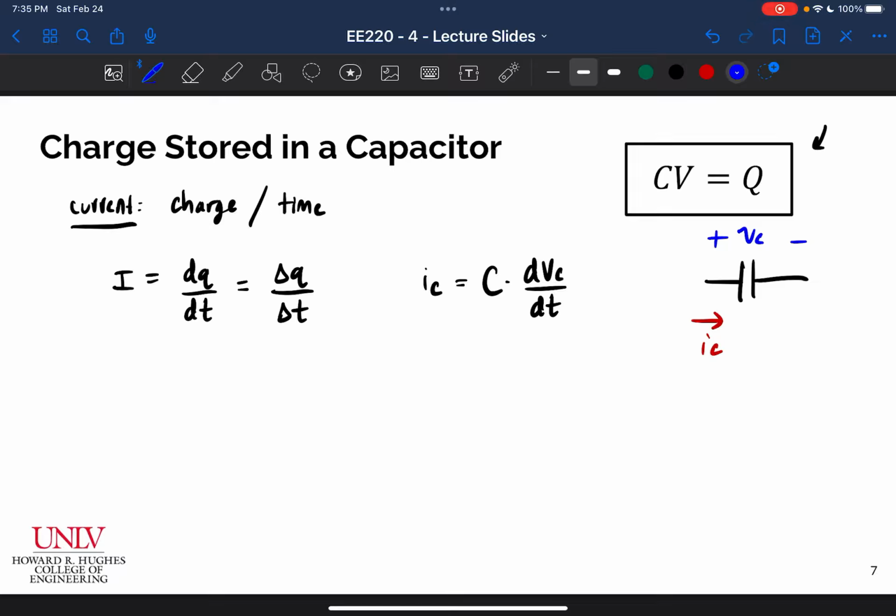What I'm saying here is that this is the general definition of current. It's the change in charge over the change in time. But specifically for a capacitor, this is the IV relationship. So considering that both are currents, I can equate them.